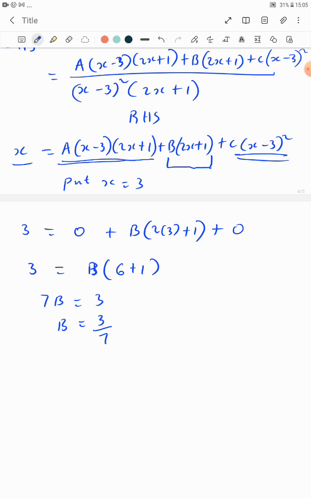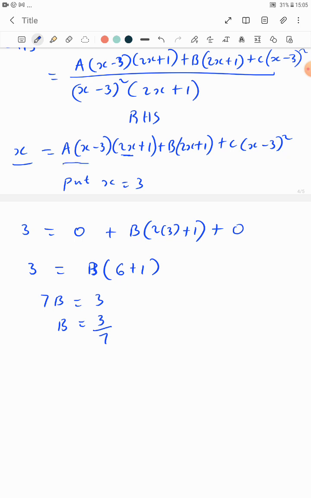So if we go back to this equation, another thing that we can do through elimination is put our x as minus 1 over 2. If we put our x as minus 1 over 2, that would make this one result to minus 1, which will be minus 1 plus 1, and that will become 0.